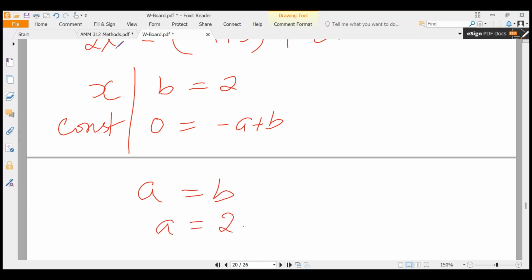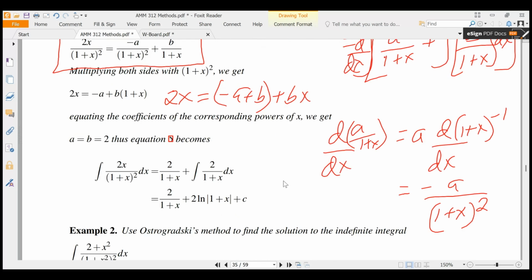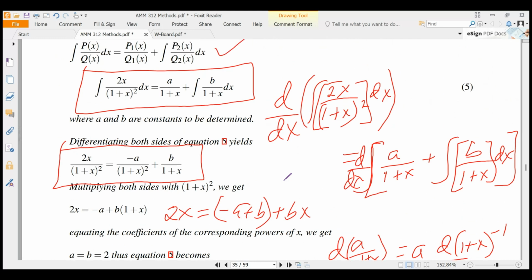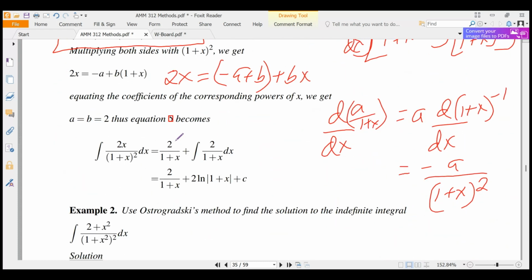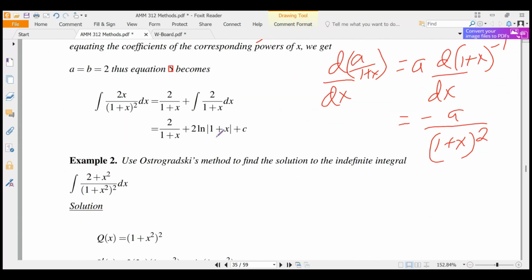Once we get the values of a and b, we can now substitute back. Remember, we had the integral of 2x divided by 1 plus x squared dx is equal to a divided by 1 plus x plus the integral of b divided by 1 plus x dx. So when we substitute a is 2 and b is 2, we get this expression. And now we integrate.